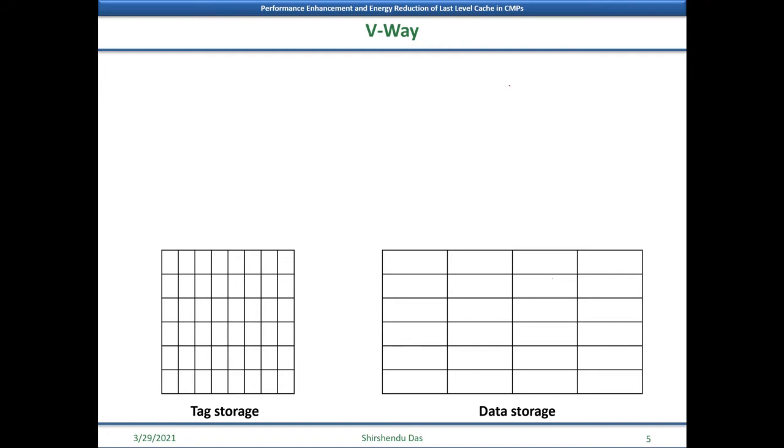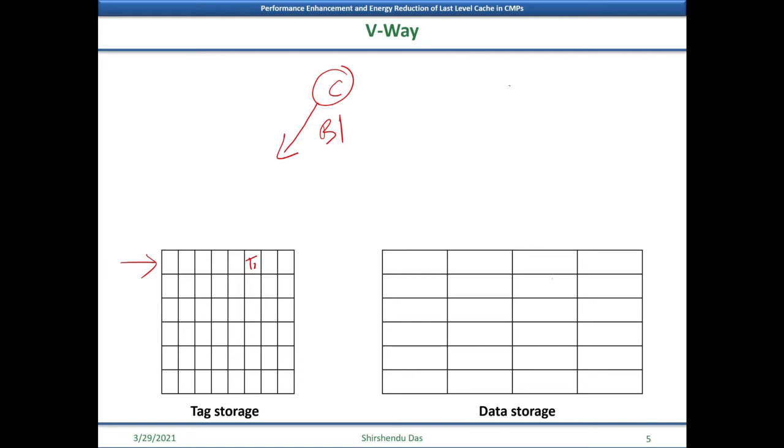Now suppose there is a request coming from the core. The core is requesting a particular block, say b1. Suppose b1 maps to this set, so we start searching for b1 here. Suppose the tag of b1 is t1 and it matches here. Then we can say yes, it is a hit.